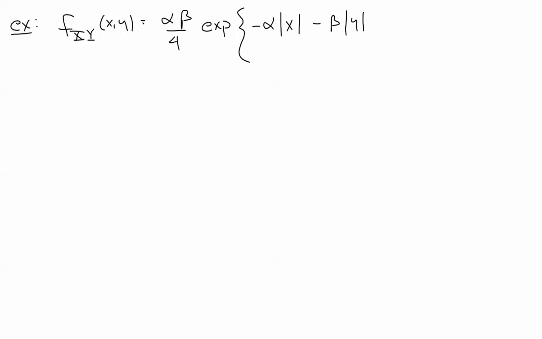Let's let my joint PDF be something like this: alpha beta over 4, times e to the negative alpha absolute value of x minus beta absolute value of y. Let's let that be my probability density function. That's not one we've actually looked at before, but it's a proper probability density function. It has a volume of 1.